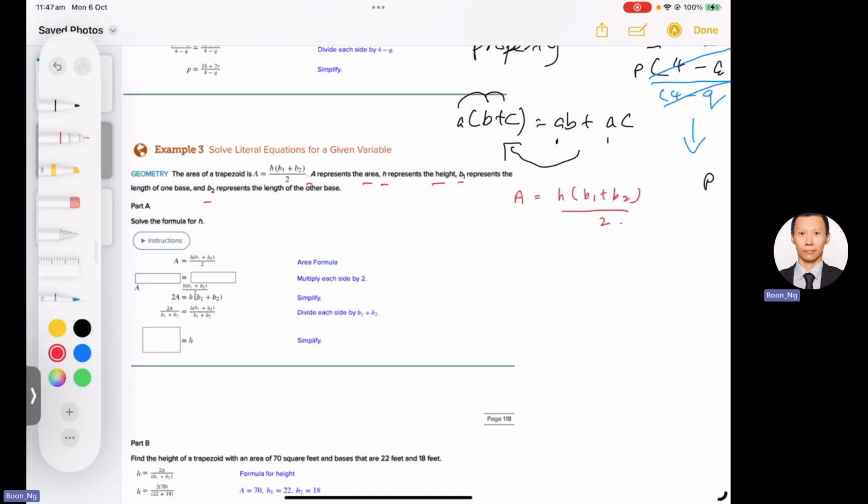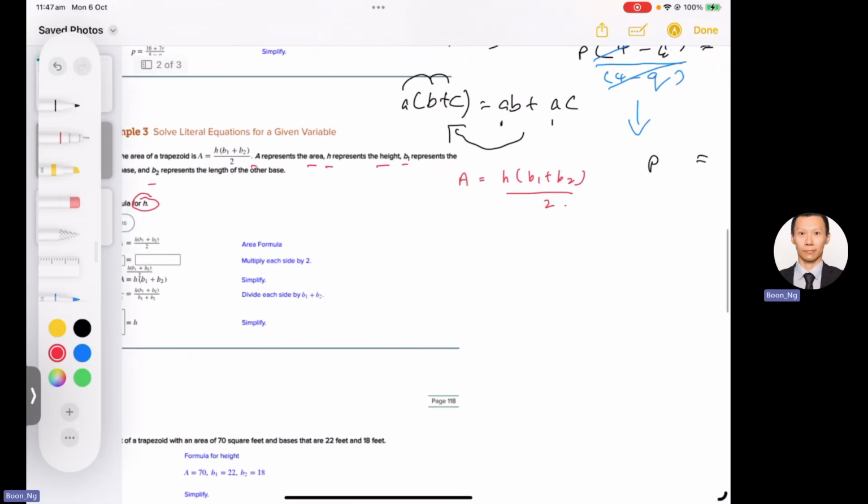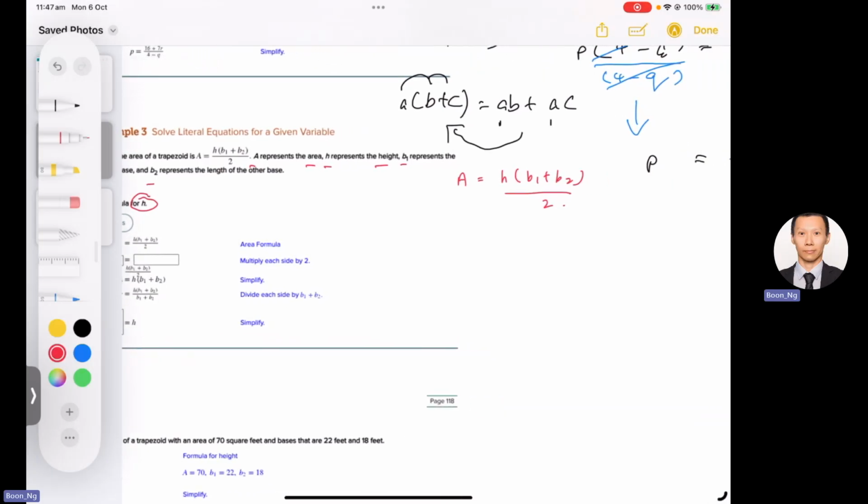Now we need to solve for H. So basically what we want is to get from this formula to see H equal what? First thing, we need to get rid of this, and we also need to get rid of the bracket. So step 1, let's get rid of the 2 first.